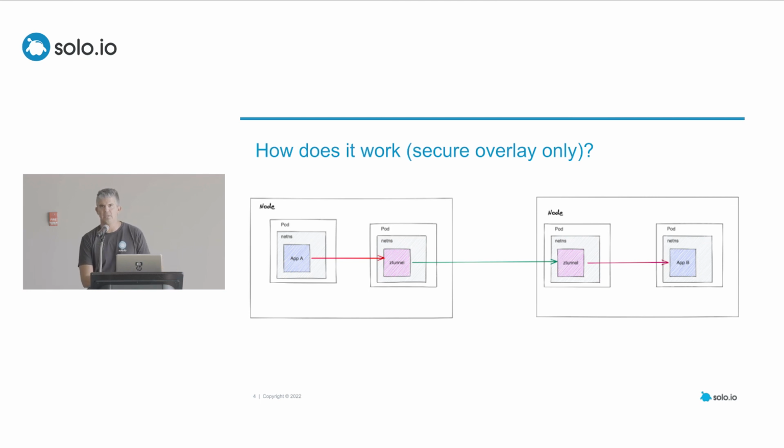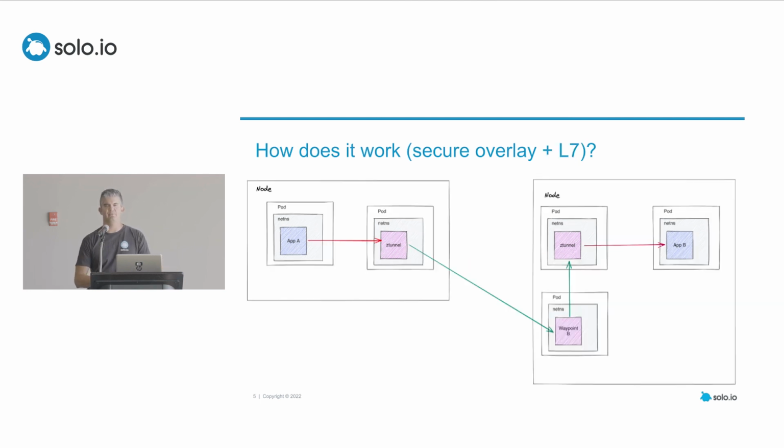Now, if you do need layer 7 capabilities, and the service mesh brings a lot of benefits to your application by knowing what's on the wire and understanding layer 7, then that's when we configure the waypoint proxy. We'll have a waypoint proxy that operates layer 7 policies for specific workloads.